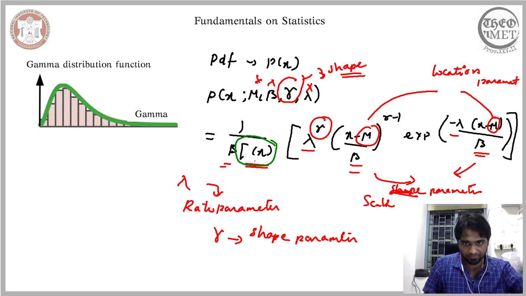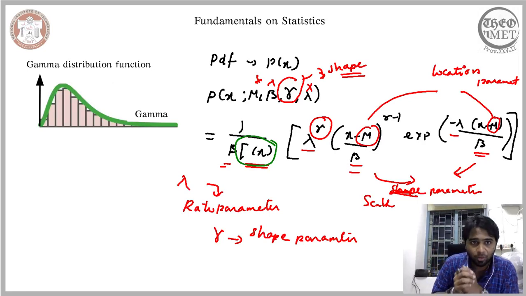So we have seen what a gamma function is and how it is involved in describing the PDF of the gamma distribution. Besides this gamma function, we have four additional parameters, and three of these we have seen to be a part of the exponential function. Now in addition to that, we have a shape parameter that is introduced to describe the PDF of the gamma distribution function.